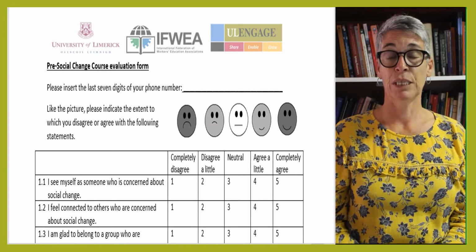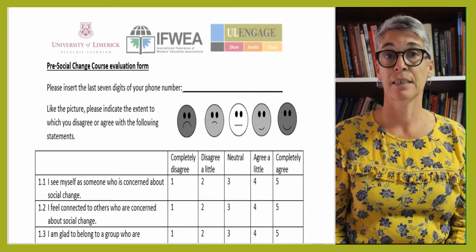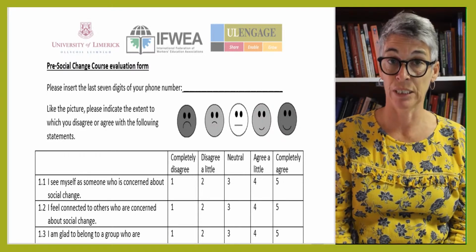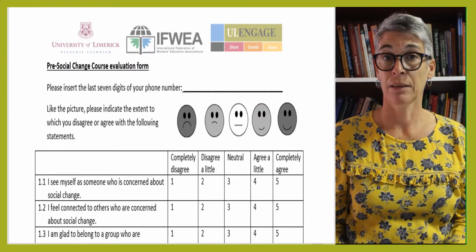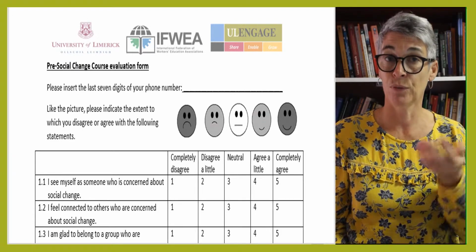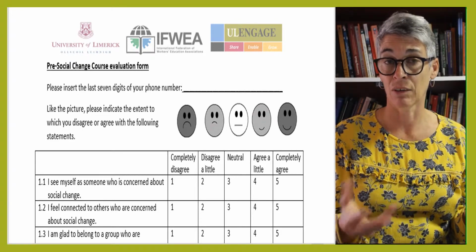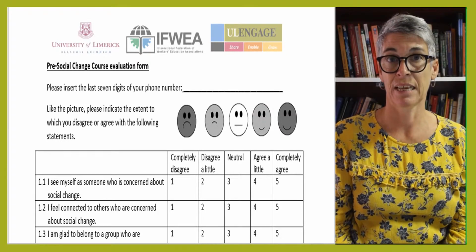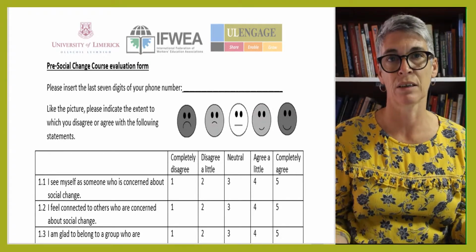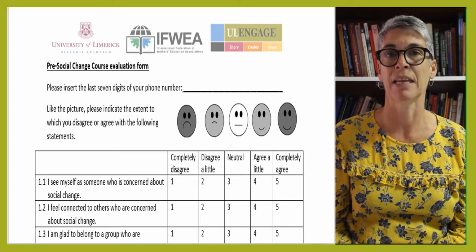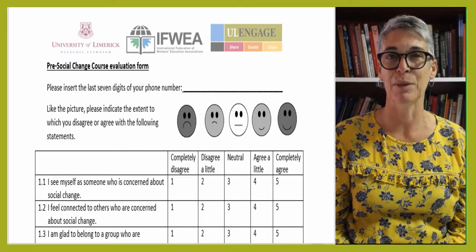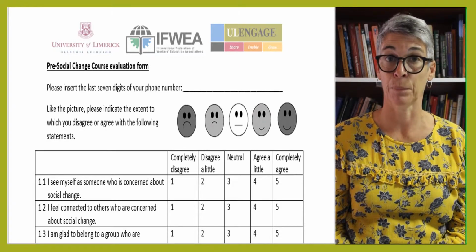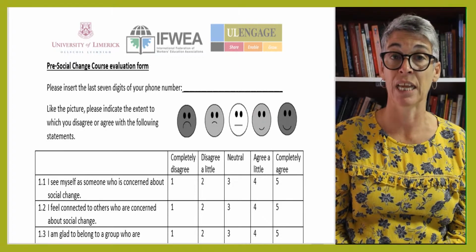So the last really important thing for you to understand is that we really want to collect this survey data longitudinally. That means I get participants to complete the survey before the education and again afterwards. And then in order to be able for me to tie their information from before and after together without taking their name or any identifying information, I'm asking them to give me the last 7 digits of their telephone number at the top of the questionnaire.